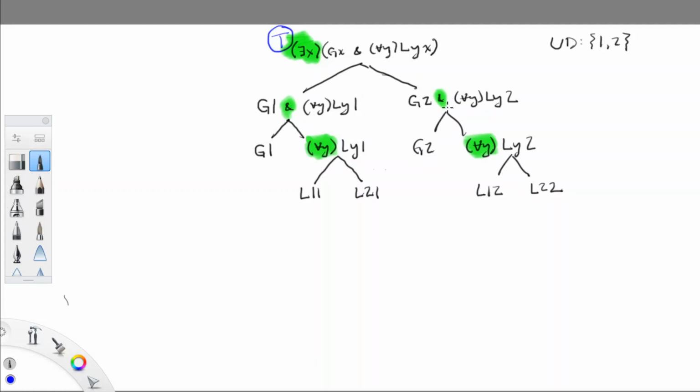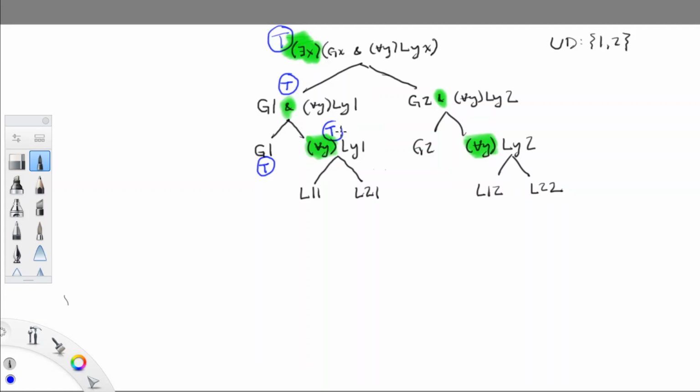We don't know which one it is. So we can certainly work from the bottom up if we want to. Let's see if we can make this first instance come out true. This first instance is a conjunction. In order for it to be true, it has to have both conjuncts true. That's the rule for the truth functional ampersand.